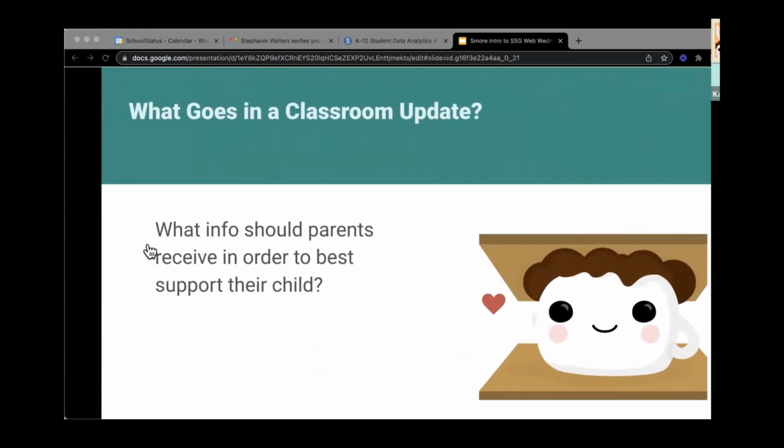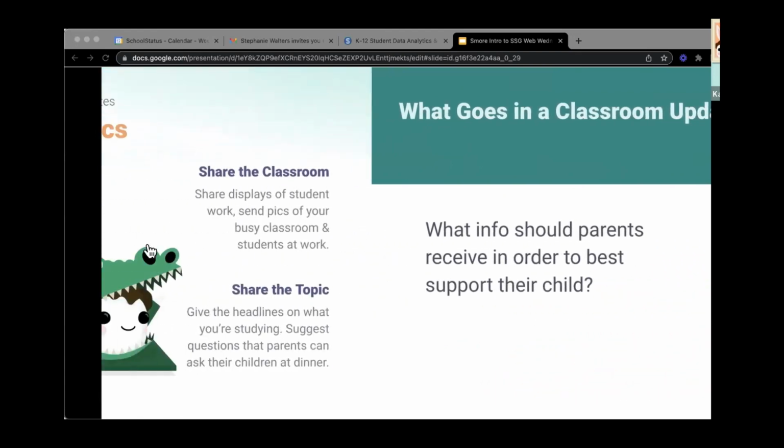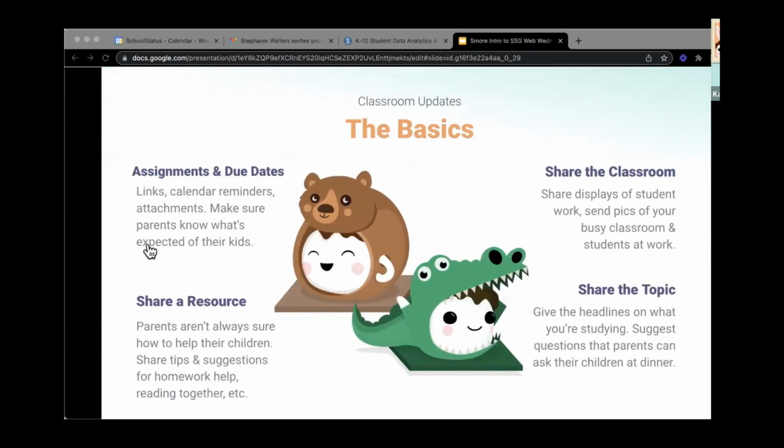So what goes in a classroom update? There's not one answer to this. It's going to depend on the age group of your students and the mission and vision of your school, but there are some very easy non-negotiables that I can show you. These 4 categories are the basics: assignments and due dates, sharing what's going on in the classroom, bringing parents visually into your classroom, sharing a resource with parents.